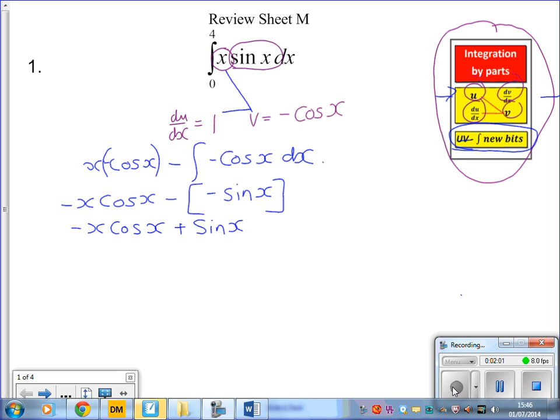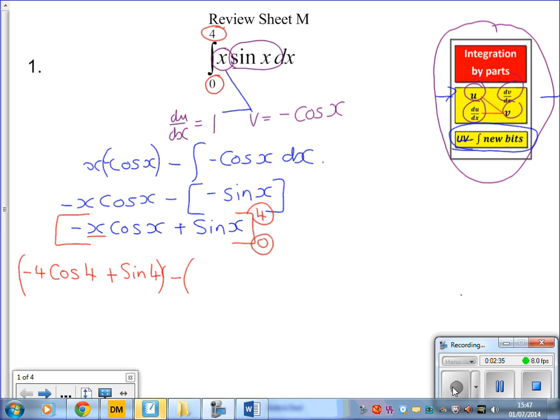Now to this point, I haven't used my limits, the 4 and the 0. So if I put them in now so we don't forget them, 4 and 0. So to start with, substitute in the 4 first of all. So minus 4 cos 4 plus sine 4. Take away, now substituting in the 0.